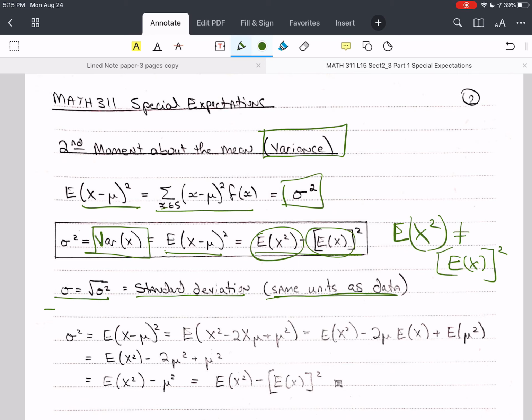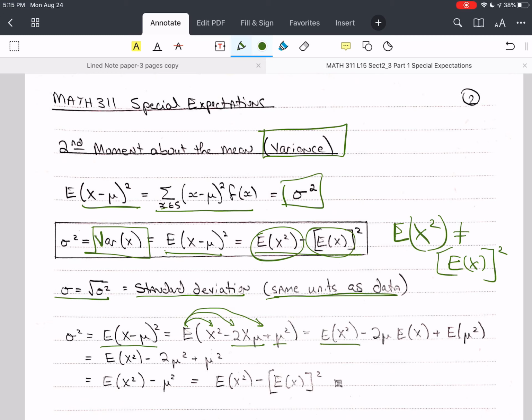So now let's do this derivation quickly. So we've got sigma squared. We start off with what it's defined as, E of (x minus mu) squared. And then we're going to square this quantity, and we get x squared minus 2x mu plus mu squared. And now we distribute the operator, because it's the distributive property we talked about, a linear operator.